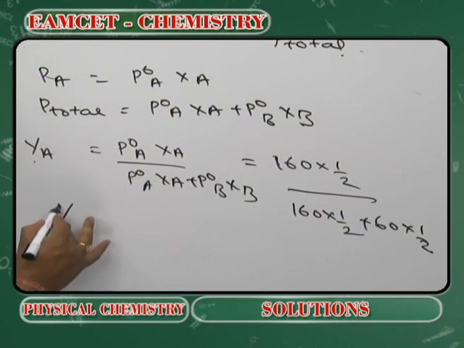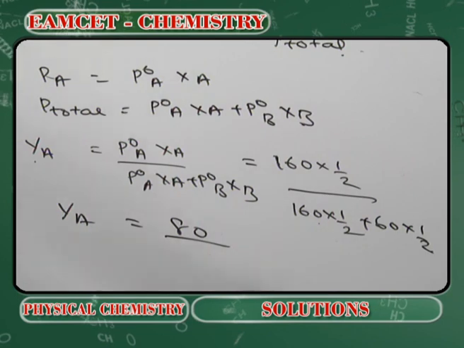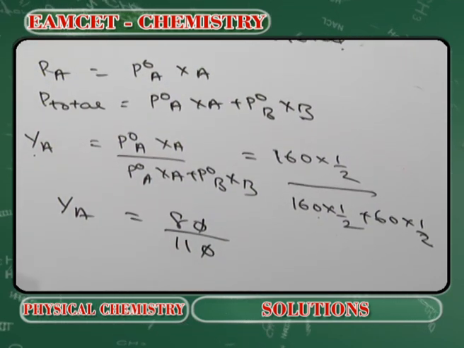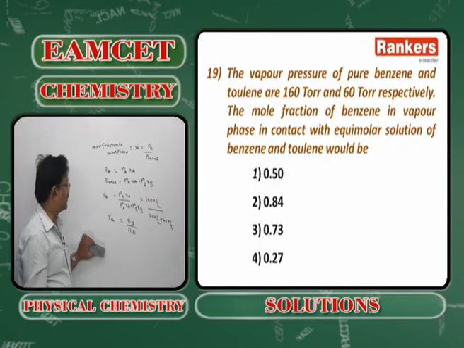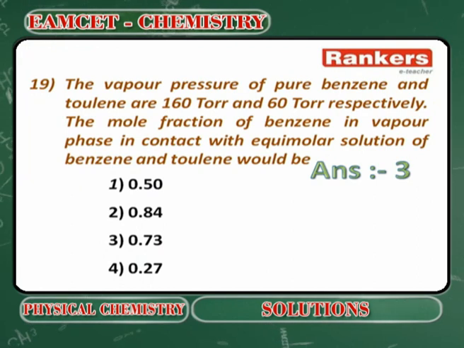So Ya is equal to 80 by 80 plus 30, that is 80 by 110, which is 8 by 11. So it comes to around 0.73. Next question.